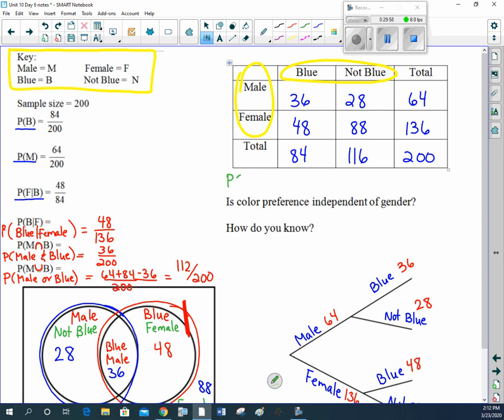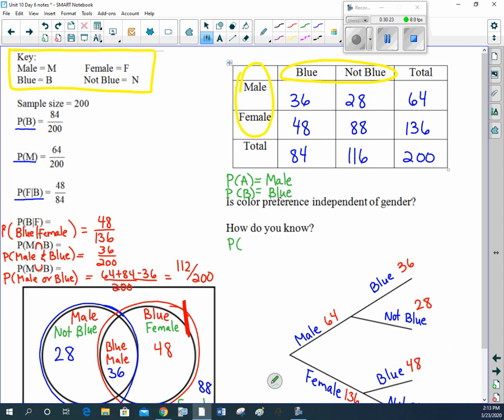So I'll just let the probability of A equal the event of being male. And like I said, you can pick whatever you want. You could have picked female, blue. I mean, there's lots of combinations here. It'll all work no matter what combination you use. And I'm going to make my event B be blue, the probability that they like the color blue. So remember our little formula to prove that they're independent.